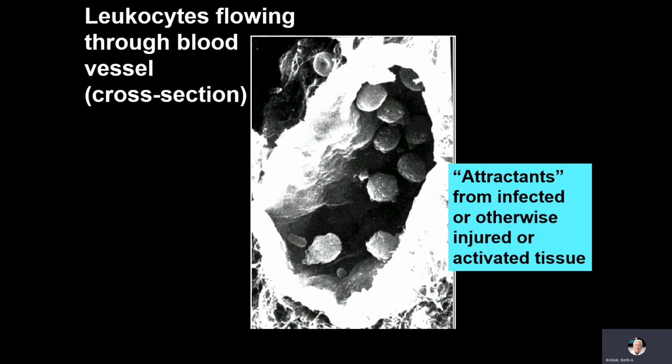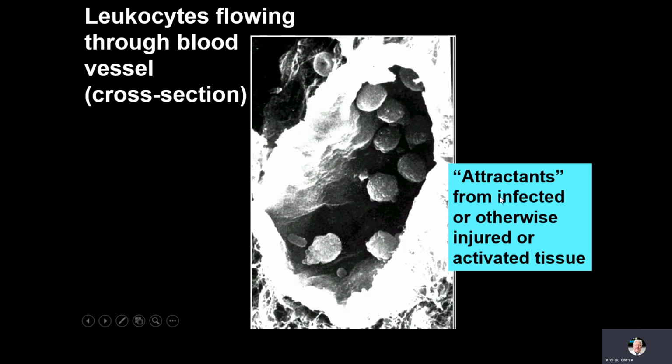And once they roll to a point where they find one of those gap junctions, which are now widened because of the increased vascular permeability created by other mediators that are produced by the damaged tissue, once they get to that gap junction, they're able to wiggle their way between two endothelial cells and then ultimately reach the infection that's going on over here to the right.